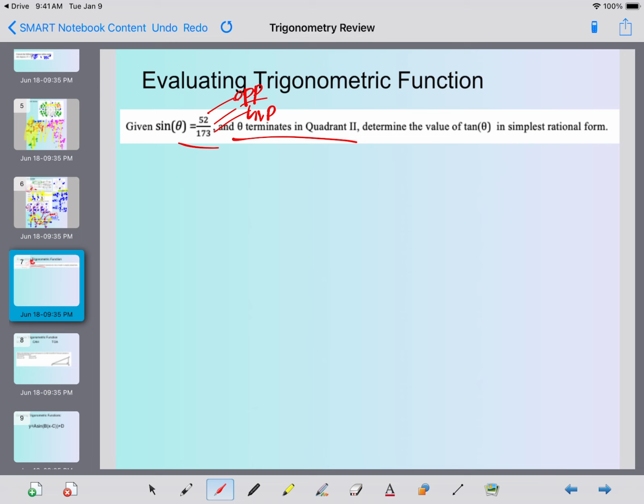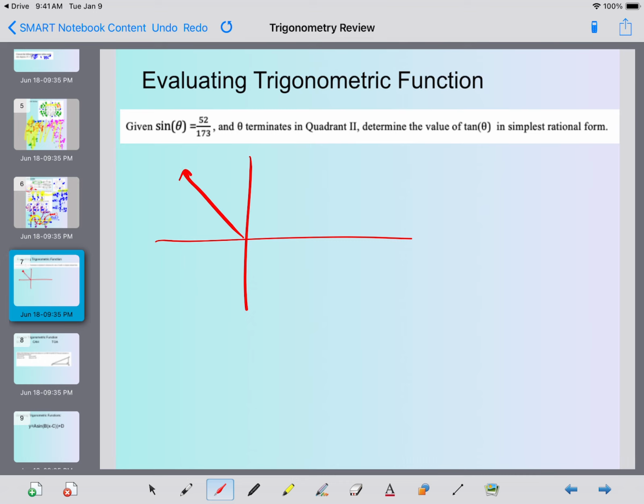So rather than trying to visualize this in my head, let's sketch this out. Quadrant 2 is right here. Trig is the study of right triangles. Let's make a right triangle. Let's call this angle theta. Remember, we're using the reference angle, right? That's why it always has to be with the x-axis.